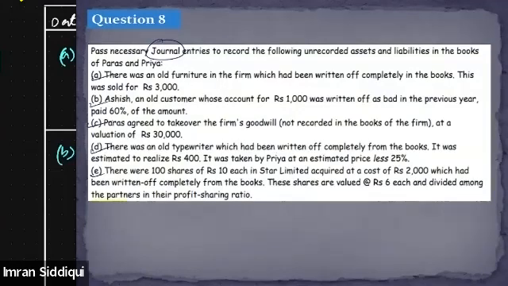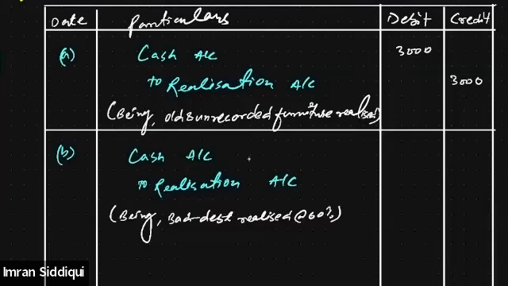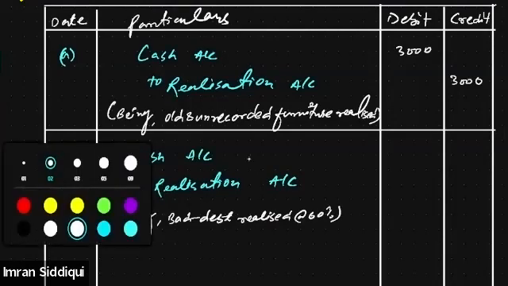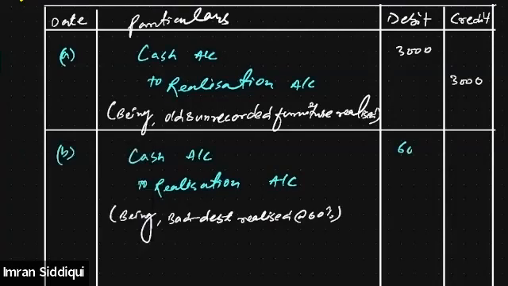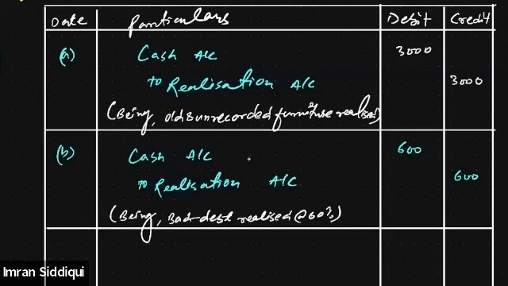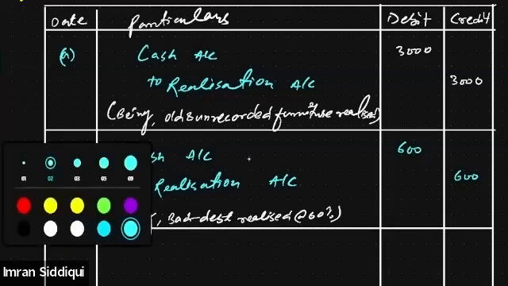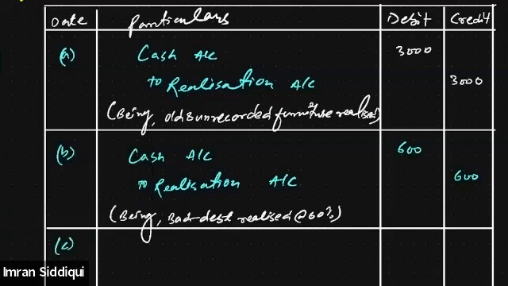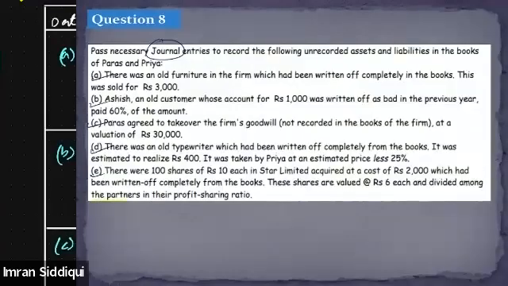It realized up to 60%. That means we're able to realize 600 only. Right, everybody? Is everything clear till this point? Yes, sir.